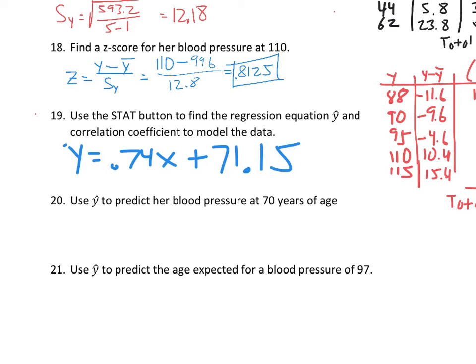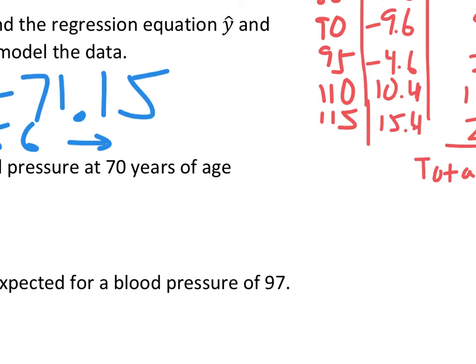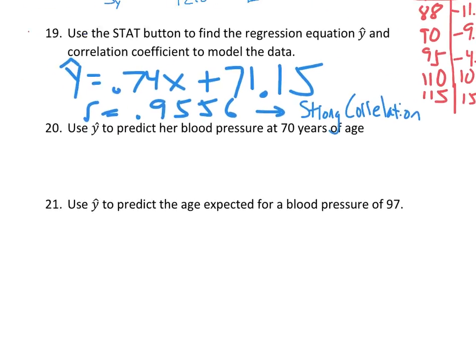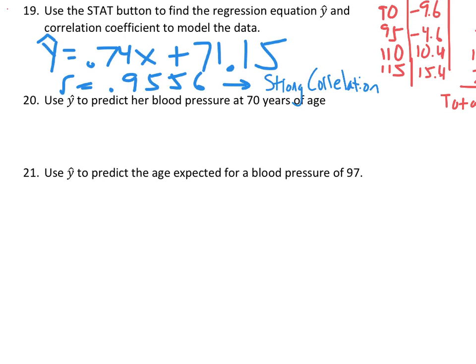The correlation coefficient is this number r, and it's 0.95558, it looks like. Okay, which means that this is a good fit, or it is a strong correlation because it's close to 1. That means that the line is very close to the points.